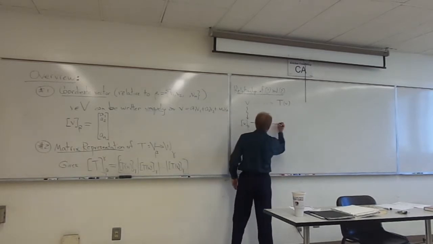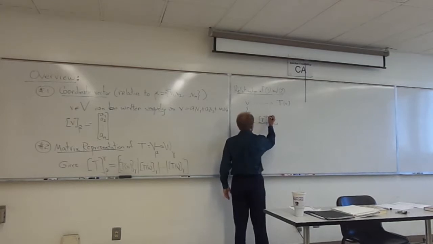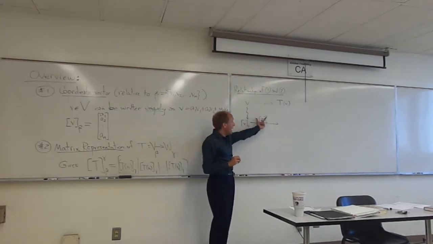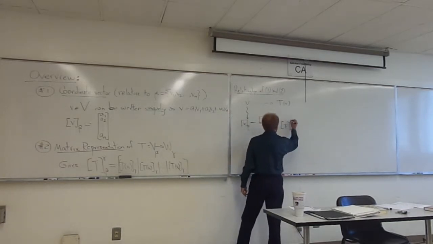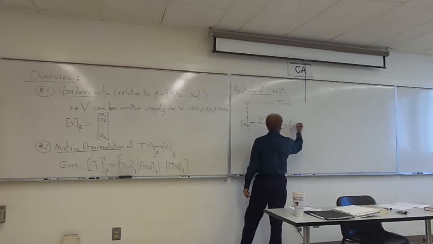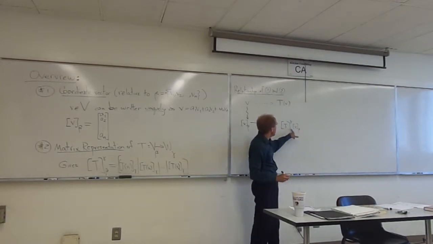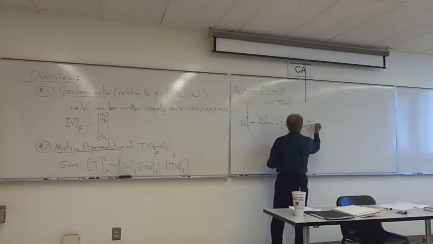I then apply the matrix representation T from beta to gamma. I multiply the coordinate vector by that, right? So I take the matrix from beta to gamma of T times the coordinate vector of V with respect to beta. Notice these two betas have to be the same. And what this gives you is T of V with respect to gamma.